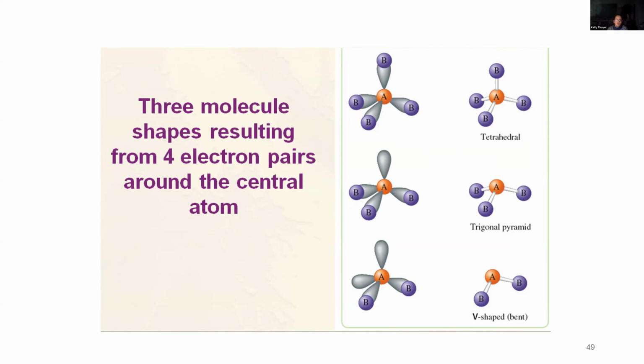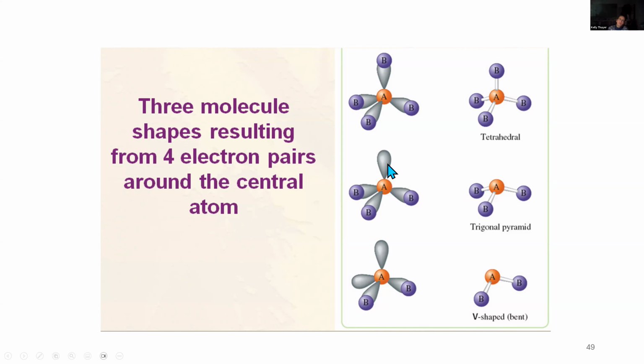So 3 molecular shapes are going to result from 4 electron pairs around the central atom. We've seen a number of these different things. Here you have an A in the center and B's going around it. If the B's are all atoms, you will get the tetrahedral shape.